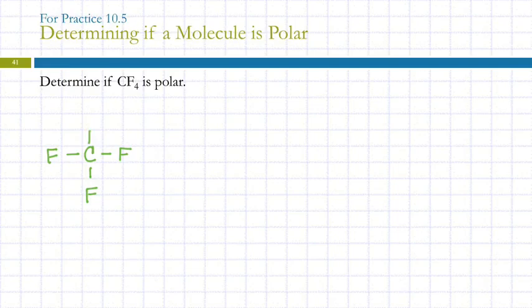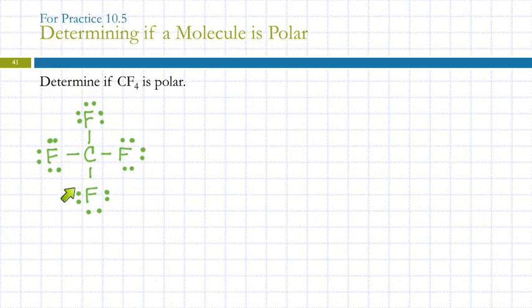So I'm going to go through this quickly because the point of this is not learning how to draw Lewis structures. You can double check later, but it's got the correct number of electrons. All the elements have octets and they all have 0 formal charges. It's a good Lewis structure.